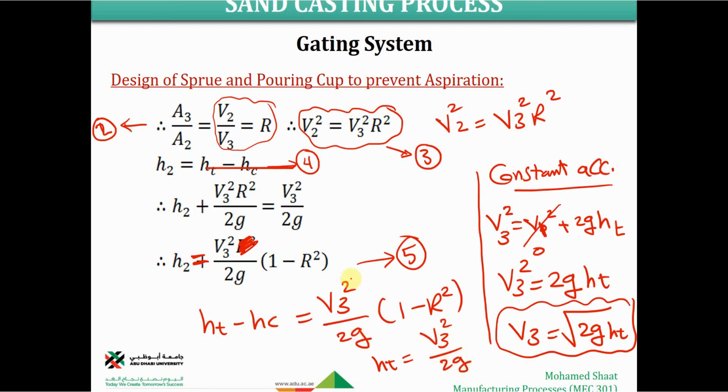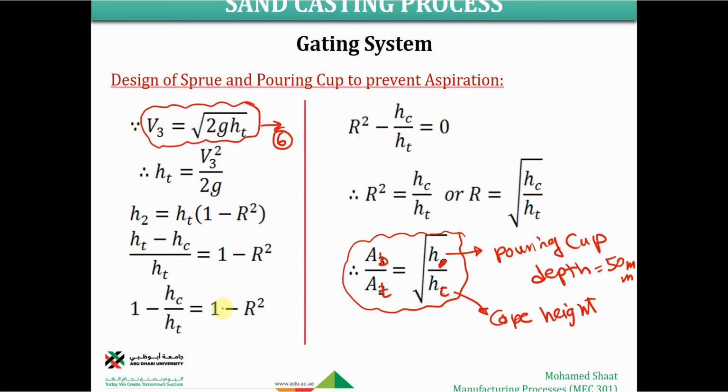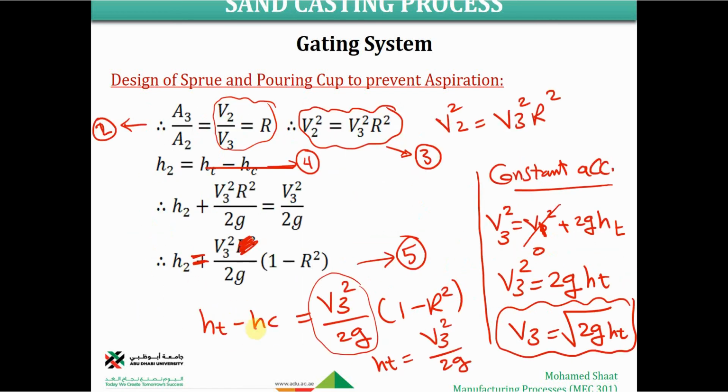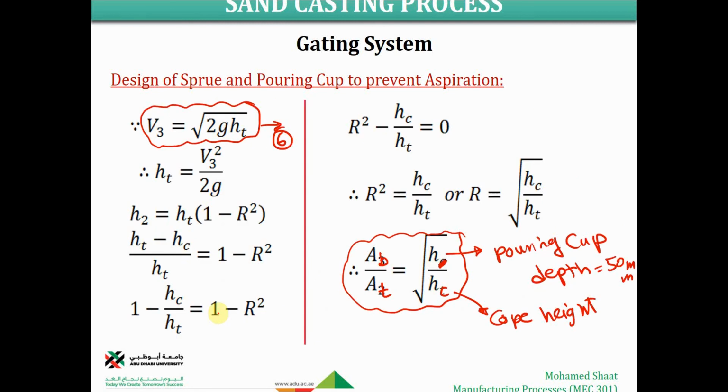It means that this term here equals HT. Very simple. Make sense? So if I substitute for HT here and do some manipulation to find HC, we end up with HT negative HC over HT equals 1 negative R squared. This gives us this equation.